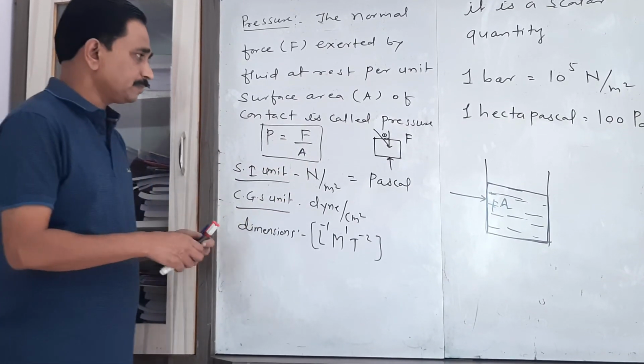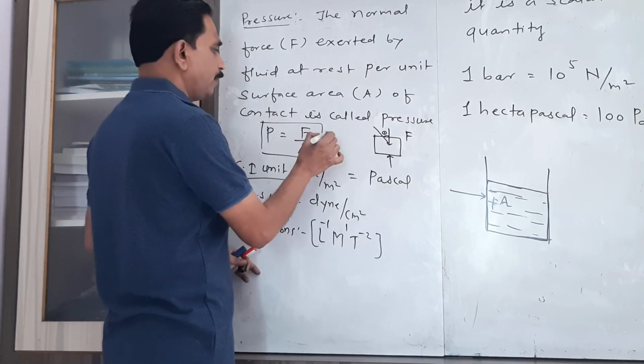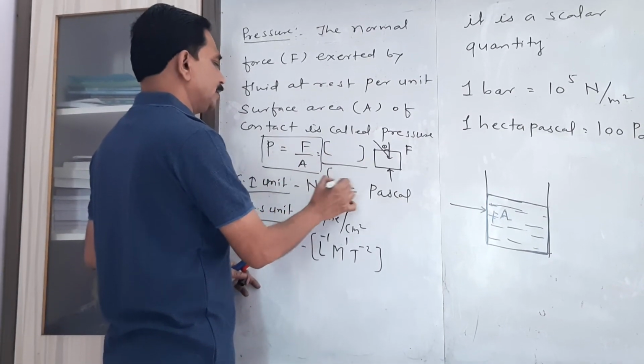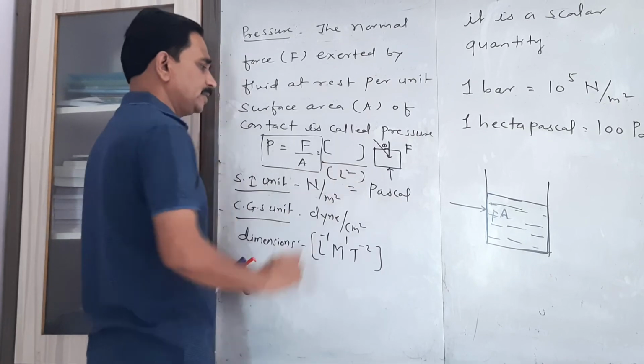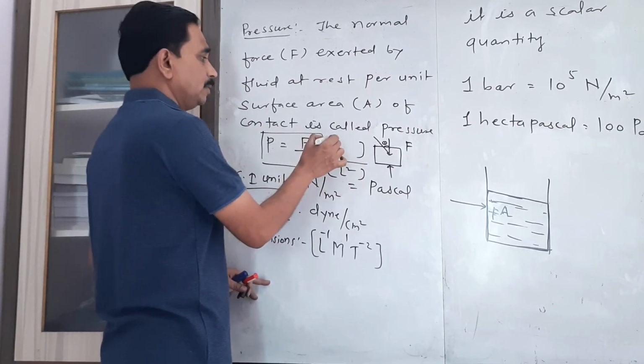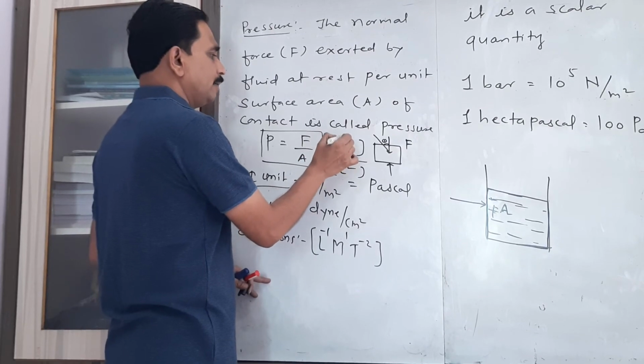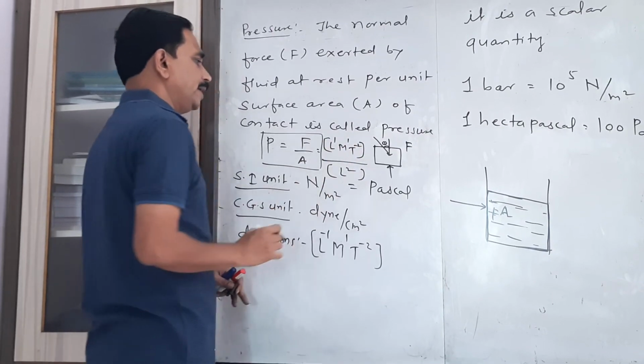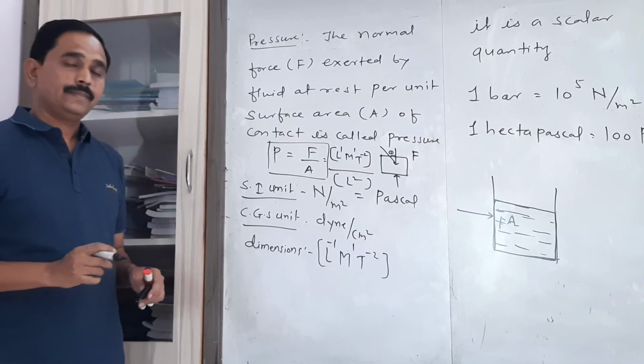You can write the dimensions of force and the dimensions of area. The dimension of area is L square. The dimension of force is 1 in length, 1 in mass and minus 2 in time.